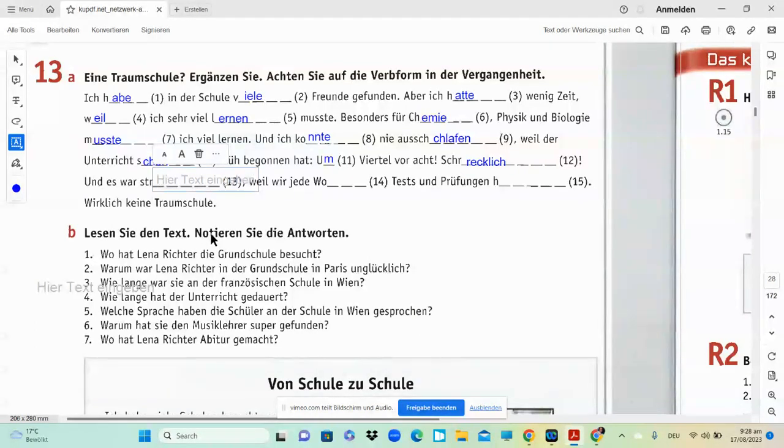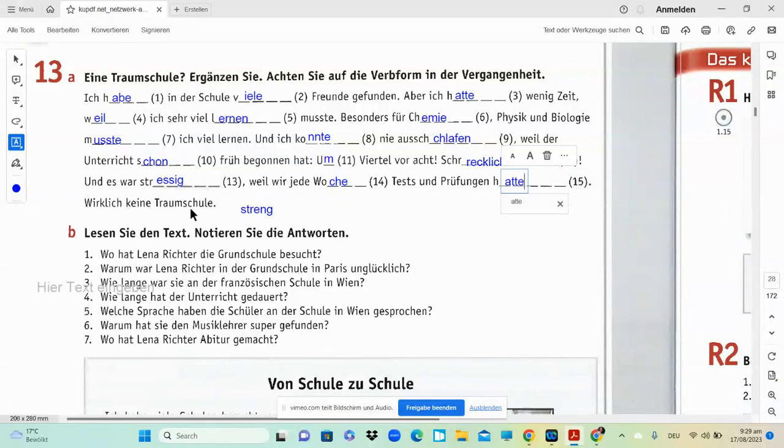So either stressig, okay, or you can also say streng, but streng is going to have a spelling like this. So you have 1, 2, 3, 4 and 5. So stressig will go. This is just going to have 3. So stressig is better. Okay. Weil wir jede Woche Tests und Prüfung hatten.